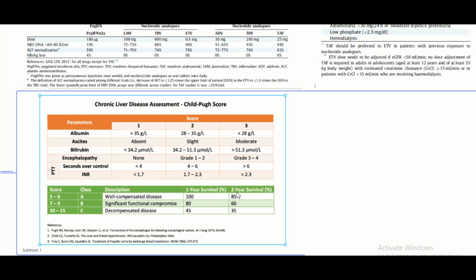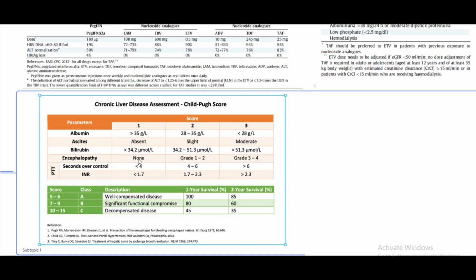After checking all of this in the coagulogram, biochemical blood analysis, and patient history taking or physical exam, we can calculate how many points he got, and if the patient has from 5 to 6, it's class A. This is well-compensated liver disease, and the patient has a high 2-year survival rate. If the patient has class C, which is fully decompensated disease, the patient has almost 45% survival rate.